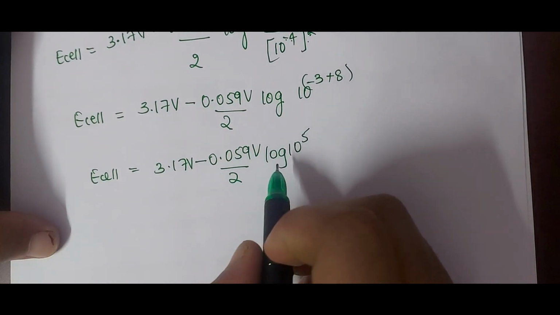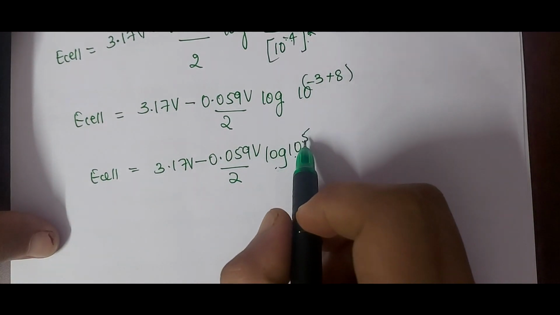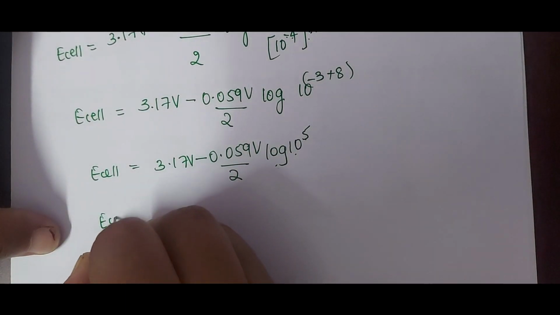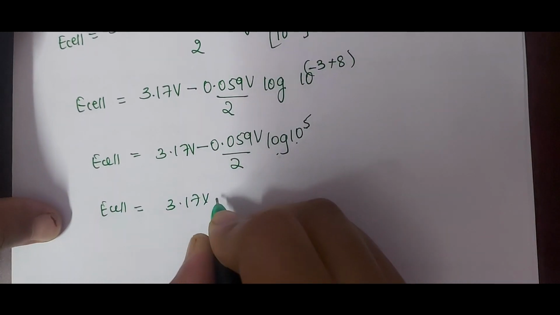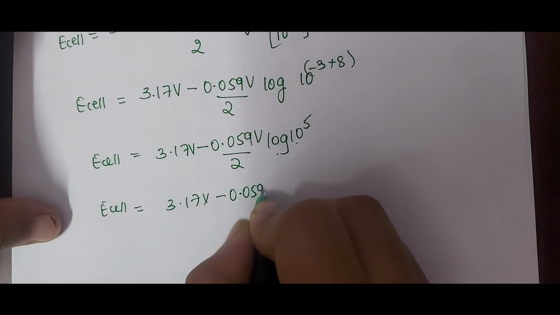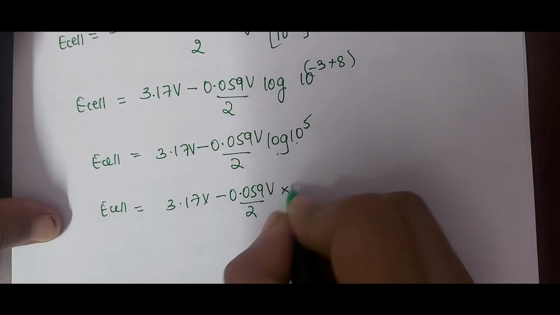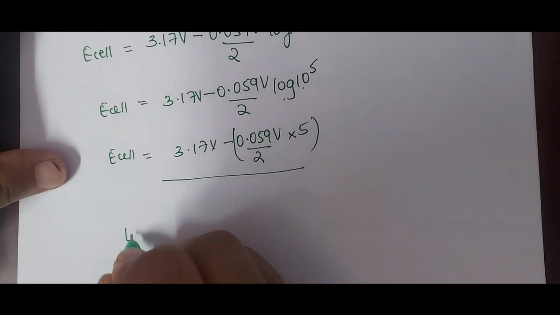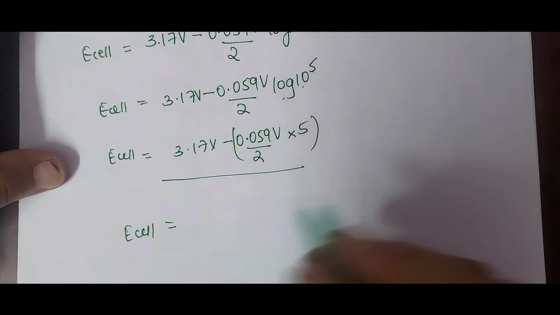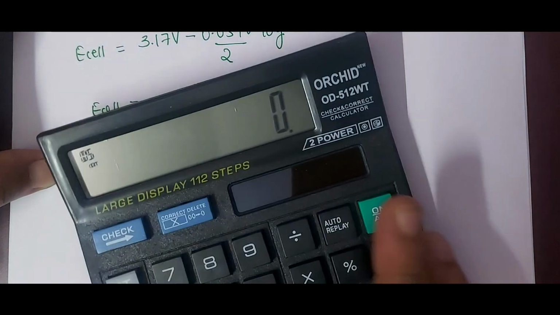As I have already told you, log 10⁻n is equal to n. So what do we get here? E cell equal to 3.17 volt minus 0.059 volt divided by 2 into 5. So let us simplify this and see what answer we get.